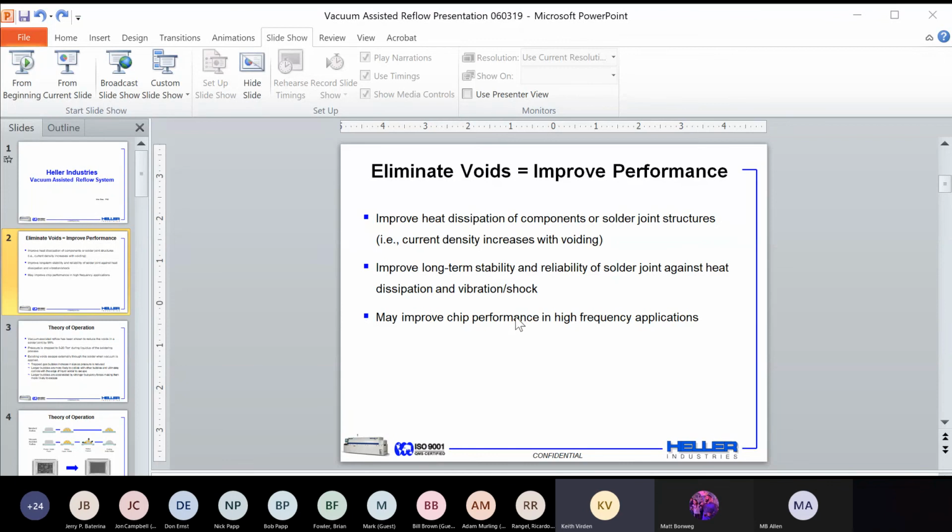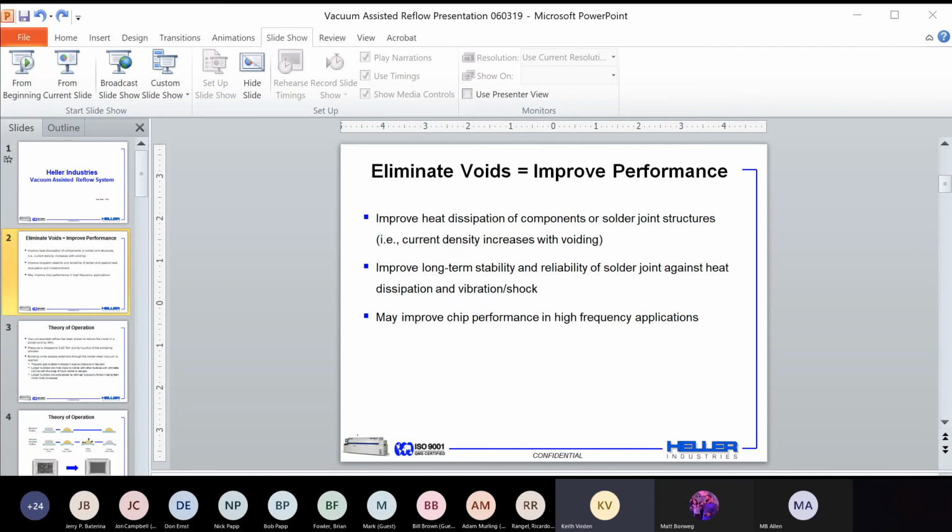What we found is that if you stair step this vacuum process, you'll eliminate a lot of solder splashing, because if you just take it from atmosphere down to somewhere between 5 and 20 torr and come straight down, you'll pull those solder voids out so quickly that you'll actually pull solder out with them.